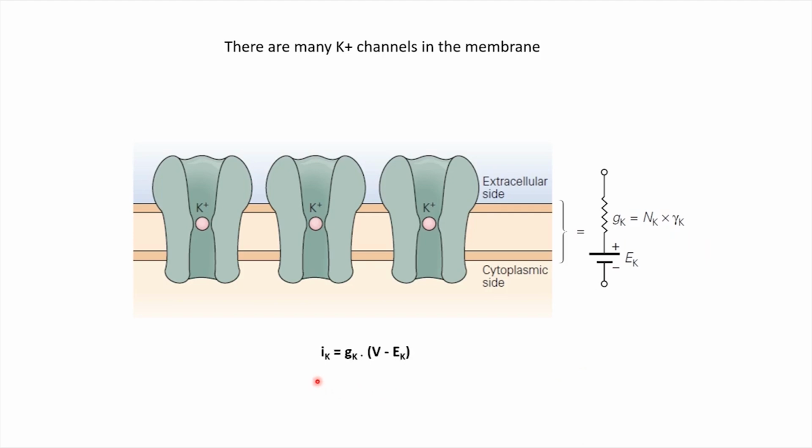So we can update our equation for current, where total potassium current is equal to total potassium conductance times V minus EK. So this driving force still remains the difference between the membrane potential and the equilibrium potential. This quantity does not depend on the number of channels. This only depends on the charge of potassium and the ratio of concentrations inside and outside.